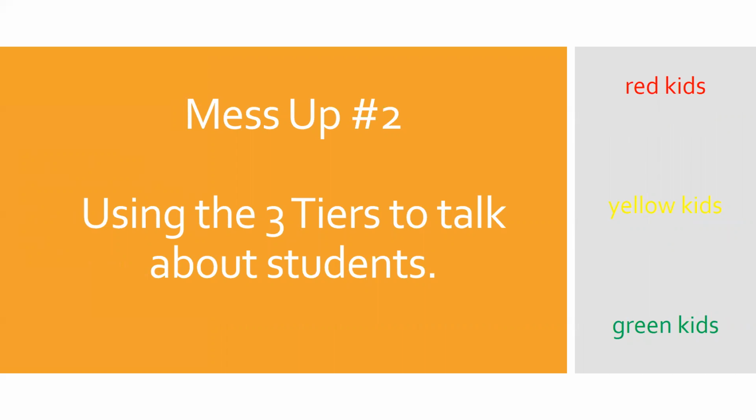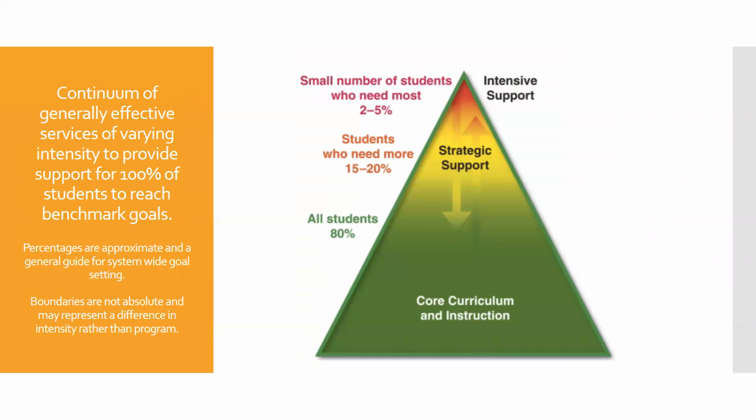Mess up number 2. Oftentimes you hear teachers and administrators talk about their red kids or their green kids or their yellow kids. And this oftentimes comes up after we see a benchmark result, right? So our benchmark result has our green kids. These are core students that are achieving that benchmark, proficient or advanced, and they're showing effective growth.